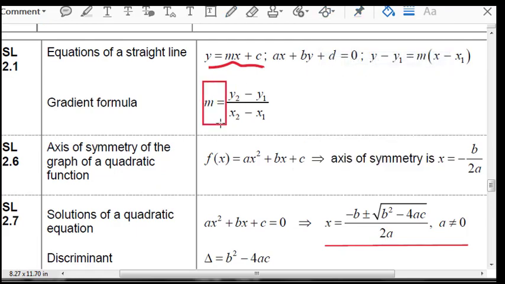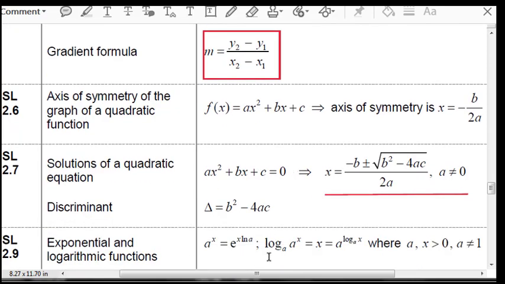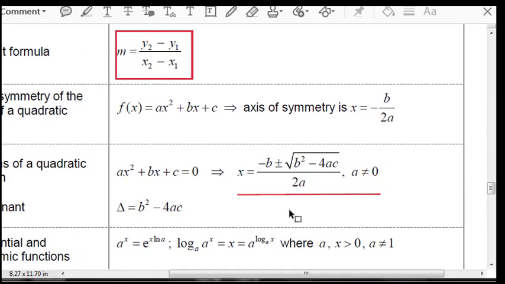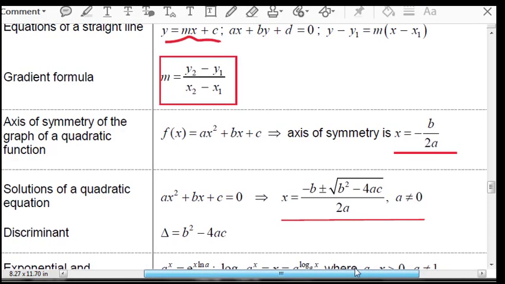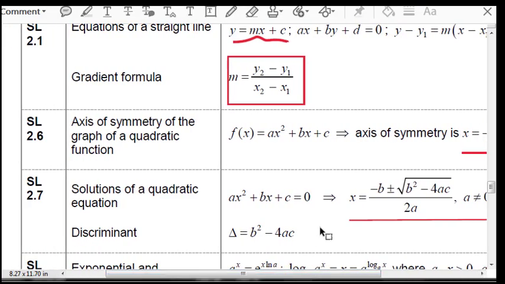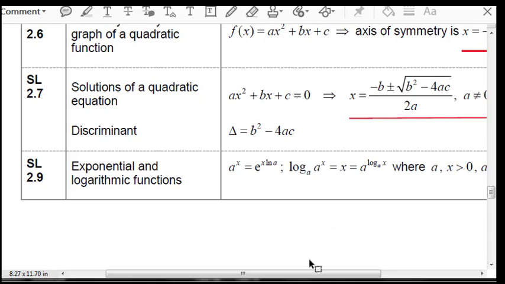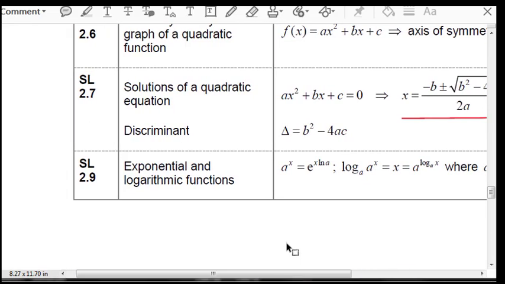Gradient formula: gradient is expressed by using small m equals (y2 minus y1) over (x2 minus x1). Axis of symmetry, x equals minus b over 2a. Solutions of a quadratic equation, same formula, it's written here.